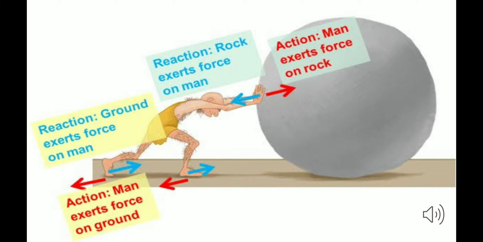Now, if you look towards the foot of the man, the action is that the man exerts force on the ground as he wants to push. And what is the reaction? The ground exerts an equal and opposite force on the man. So this was one more very good example of action and reaction, which follows Newton's third law. So we move further.